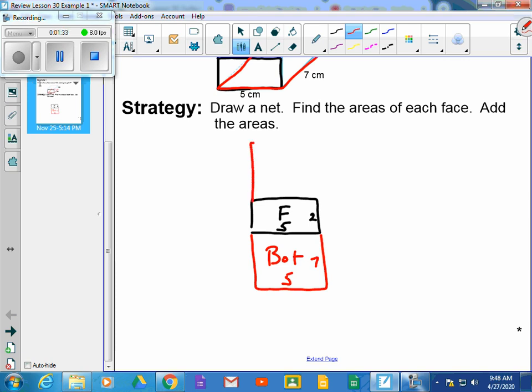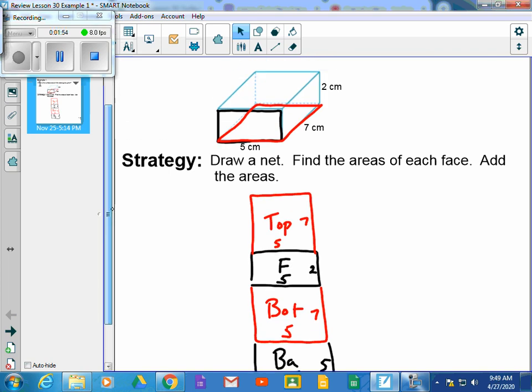Now the top matches that. That's also 5 by 7. Now I can draw the back, which was the same as the front, 5 by 2.